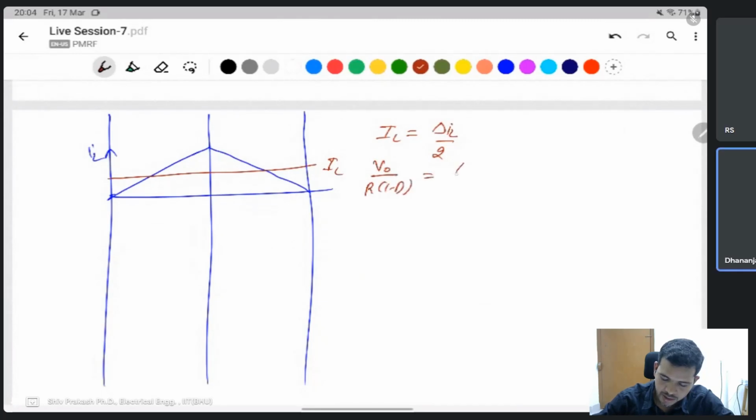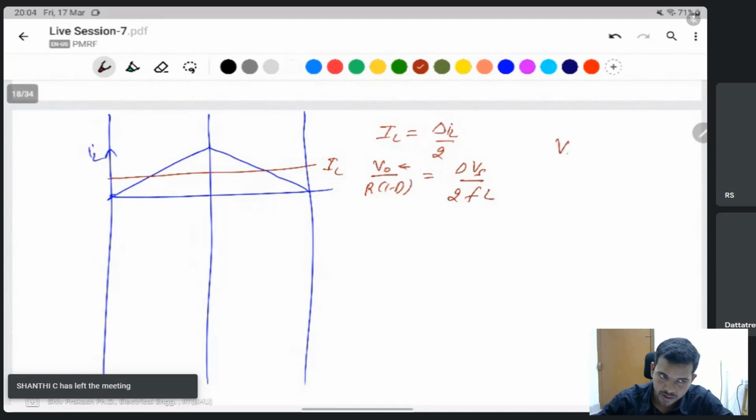Delta IL is dVs divided by 2fL. V naught you can replace as dVs divided by (1 minus d).